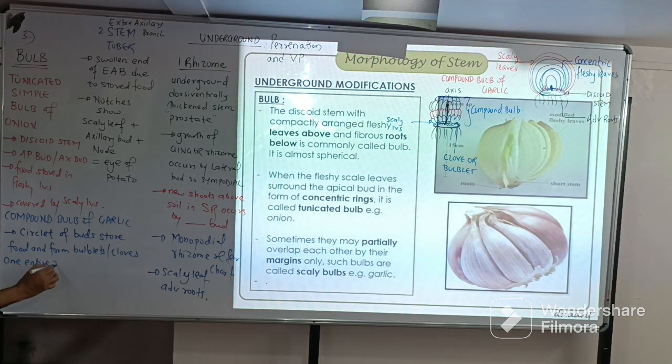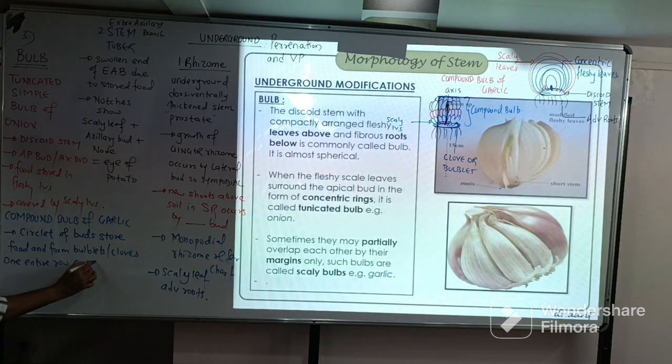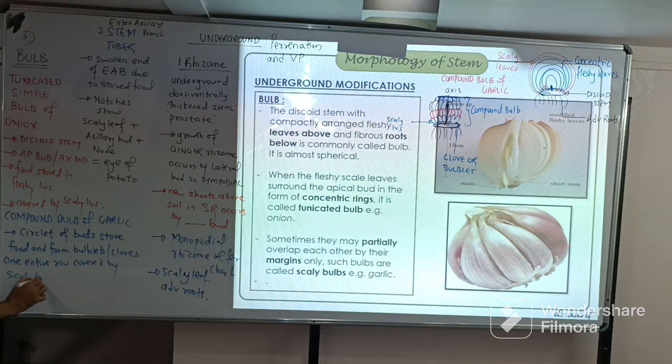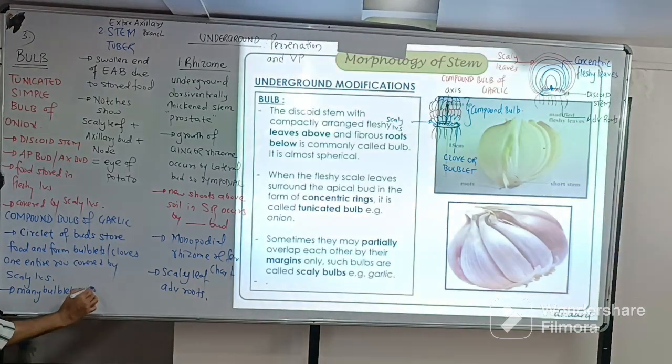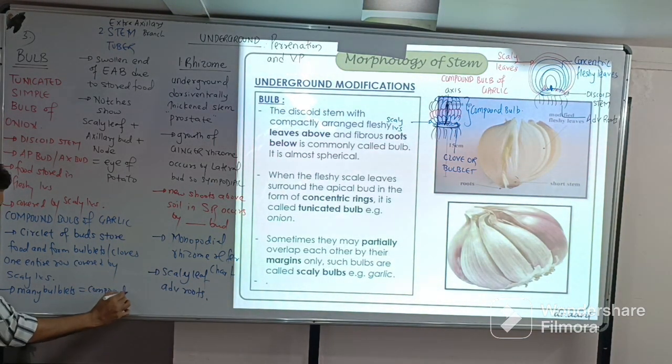One entire row is covered by white-colored scaly leaves. So many bulblets come together to form one compound bulb.